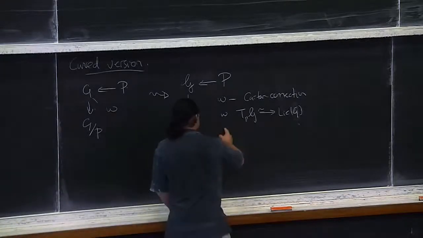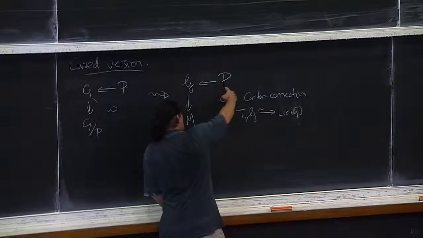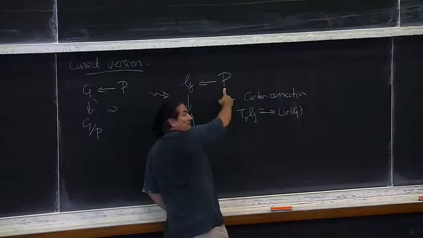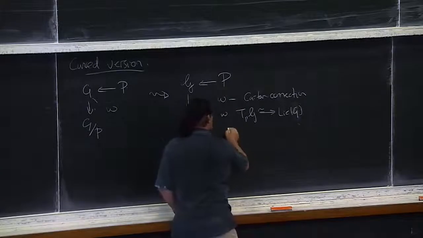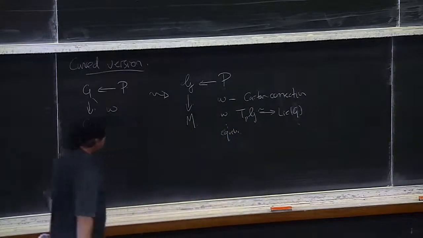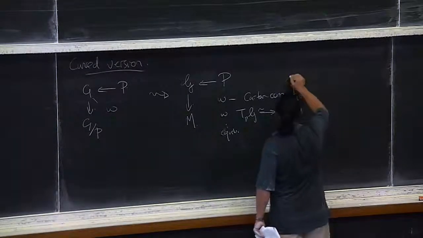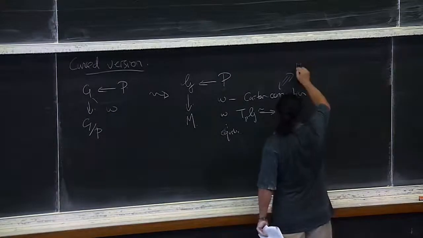However, this does have other equivariance properties, so it picks up the vertical vector fields and maps into the Lie algebra of P, and so on. I won't go into all that. Now this is equivalent to the tractor connection, basically.